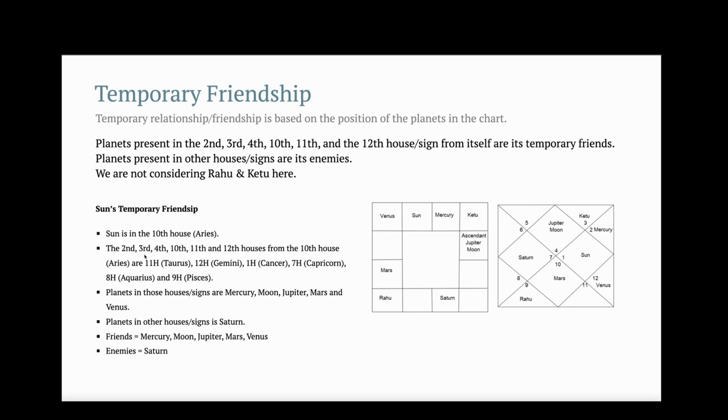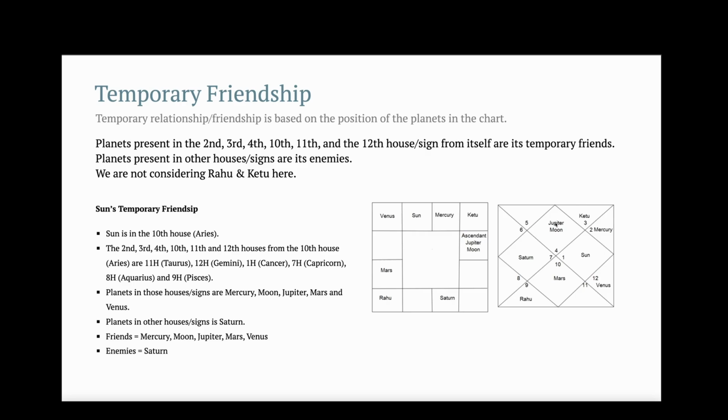And so from the rule above, the 2nd, 3rd, 4th, 10th, 11th and 12th houses from the 10th house, the Aries sign, are: from the 10th house, the 2nd house is the 11th house of this chart, or from Aries, the 2nd house is Taurus. The 3rd house is the 12th house or the Gemini sign.